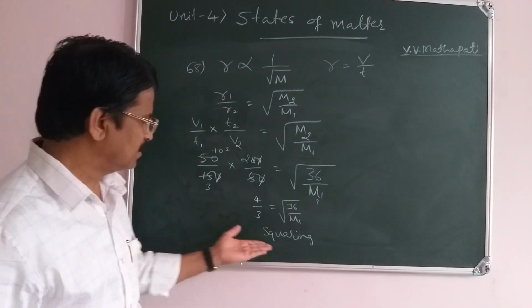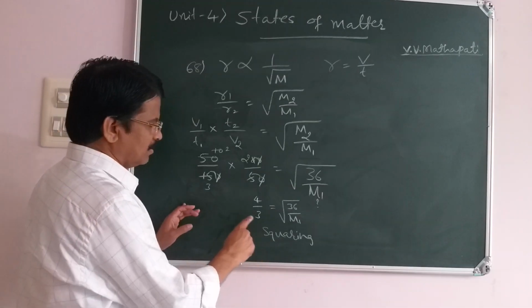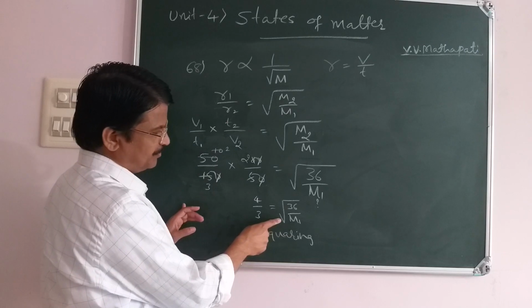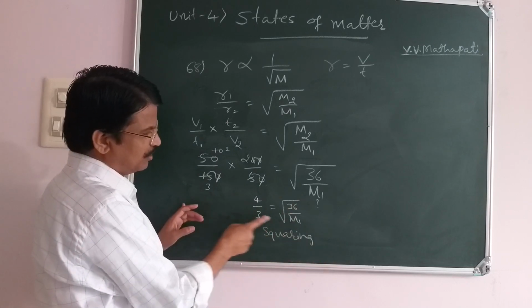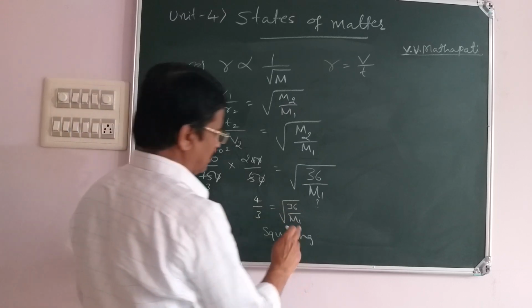We square both sides because on squaring the root can be removed. Therefore on squaring, 4 square by 3 square equal to 36 by M1.